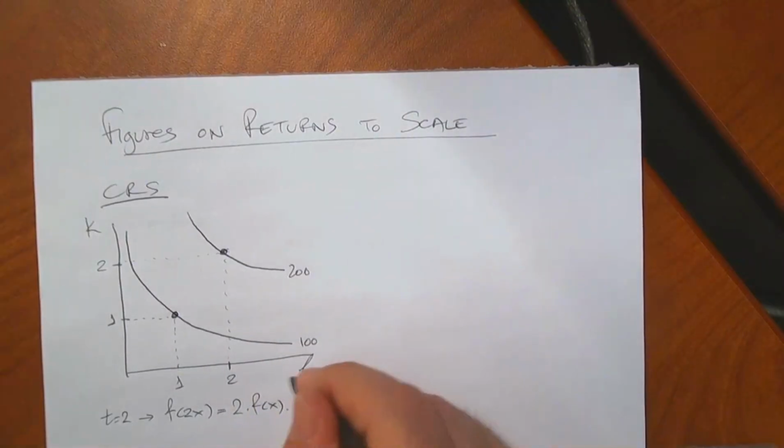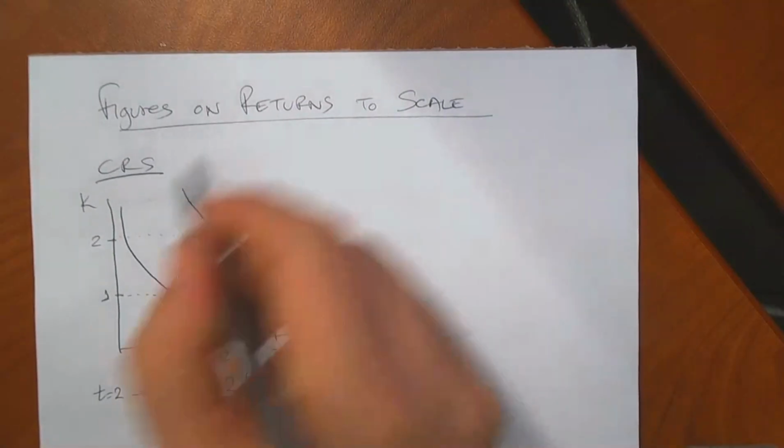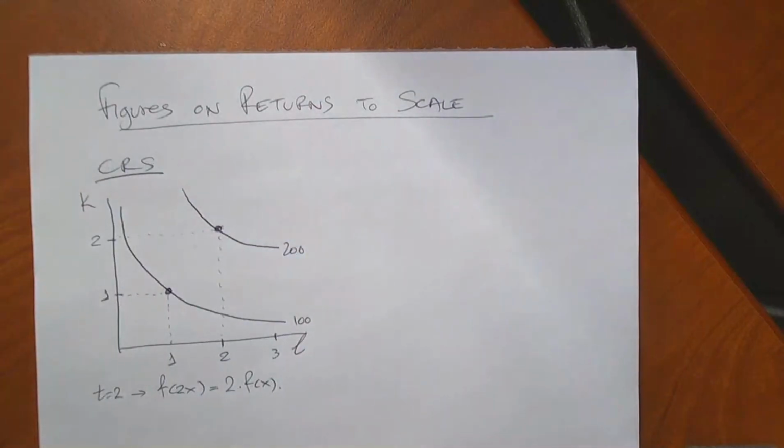So the same thing would happen. I don't have the space over here to draw this, but if I went to 3 units of labor, 3 units of capital, I would be able to find another point, and I would know that on that point you have an isoquant passing that represents an output level of 300. Make sense? Okay, pretty straightforward.